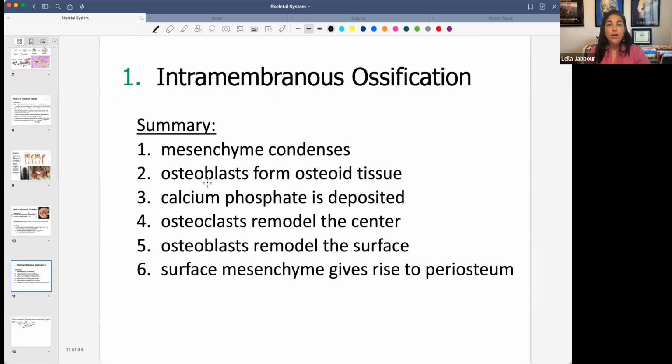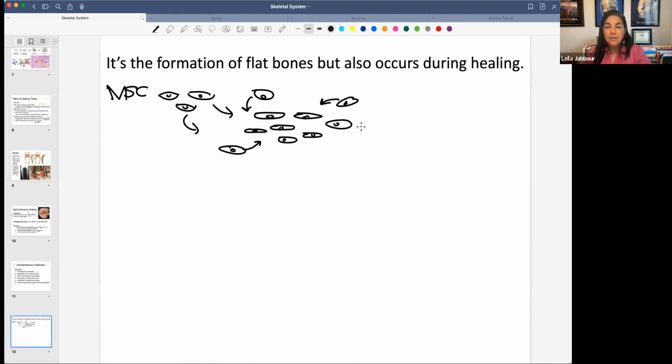The second step: osteoblasts form osteoid tissue. So this mesenchyme is basically the scaffold for the osteoblasts to come in and start forming bone tissue. Really, these cells are transforming into osteoblasts, because these are the original cells.